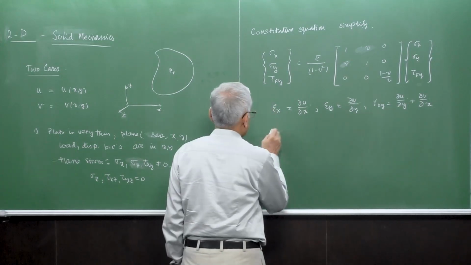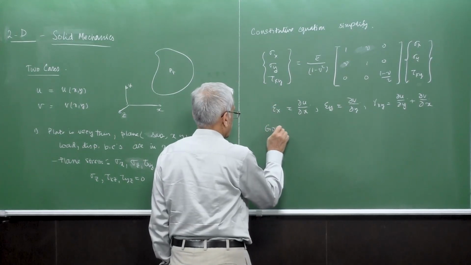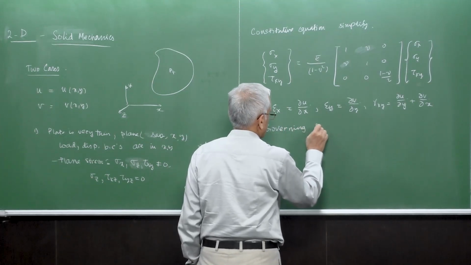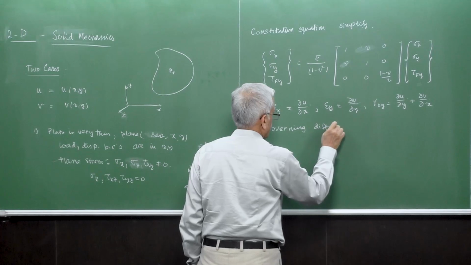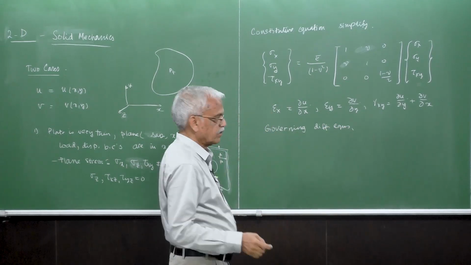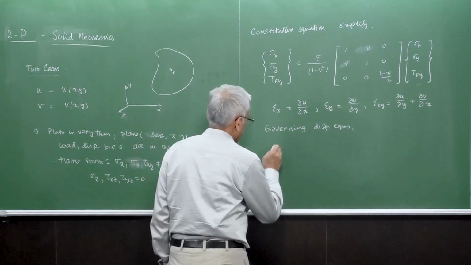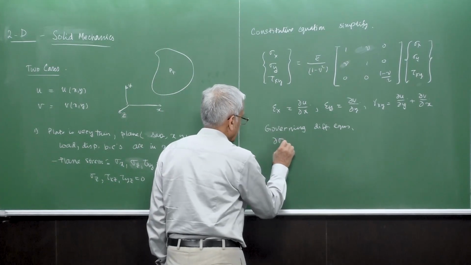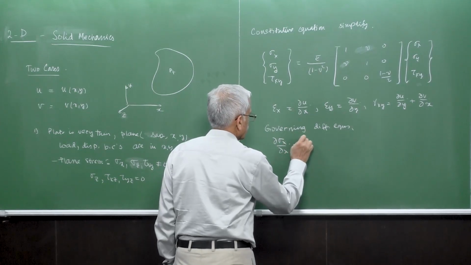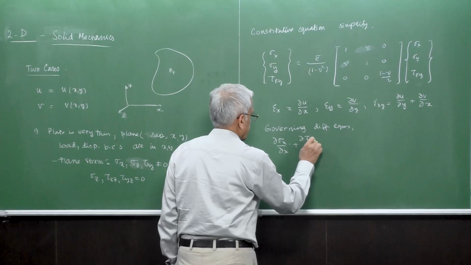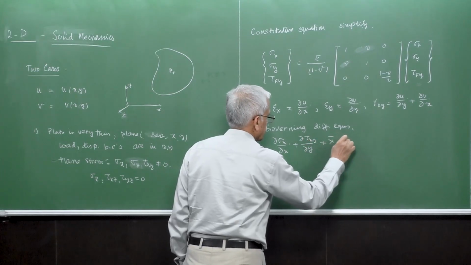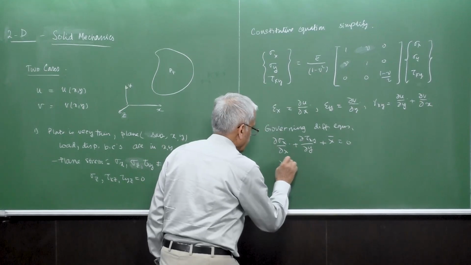And the governing equation, now we'll have a governing differential equation with one variable less, or one equation less, and we have only 2 equations: ∂σx/∂x + ∂τxy/∂y + x̄ = 0, and the corresponding equation in y.